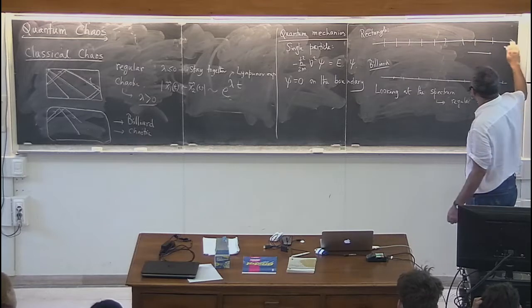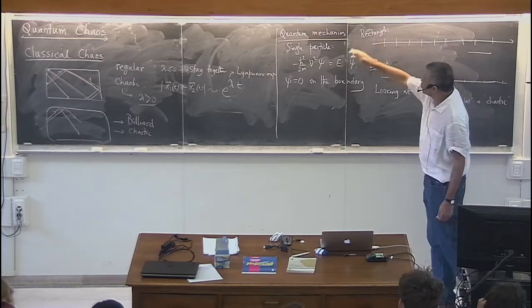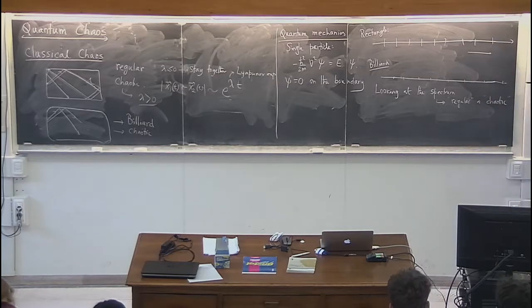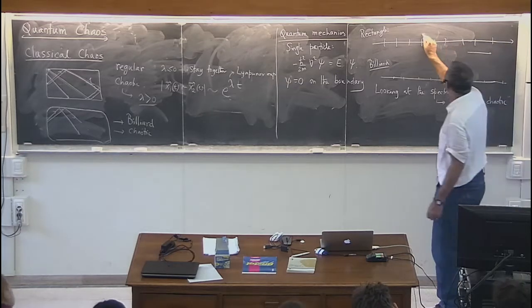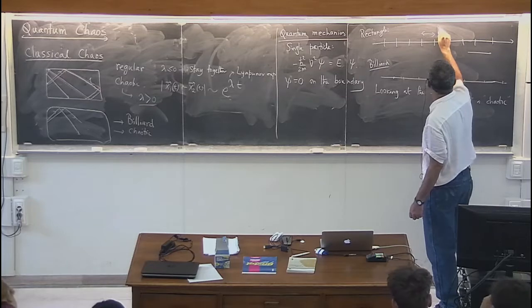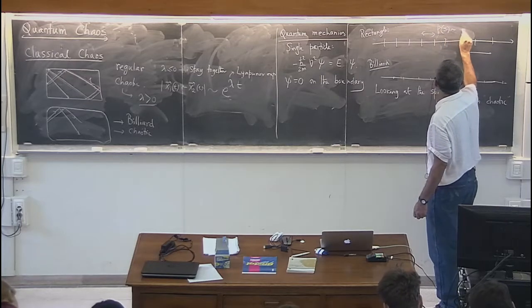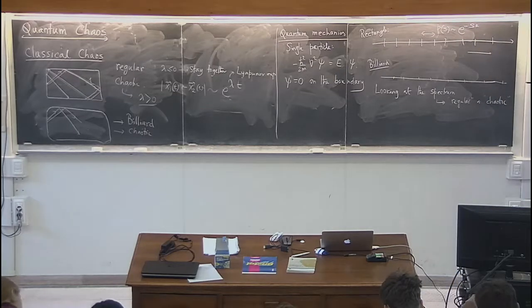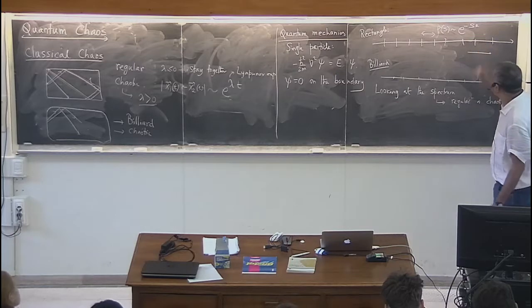If you generate the eigenvalues from the Schrodinger equation, they behave almost similarly. That means the spacing distribution here will be roughly an exponential distribution with some constant, if I draw the histogram of this.